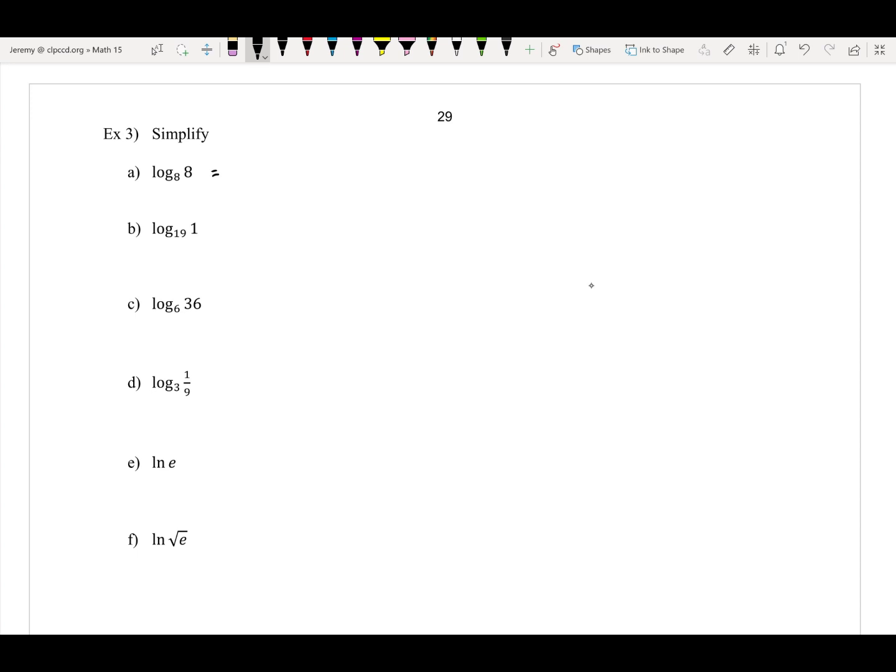The way I state this to myself in English is: 8, the base, to what power is equal to 8, the input? Or I could write this in exponential form: 8 to what power is equal to 8?